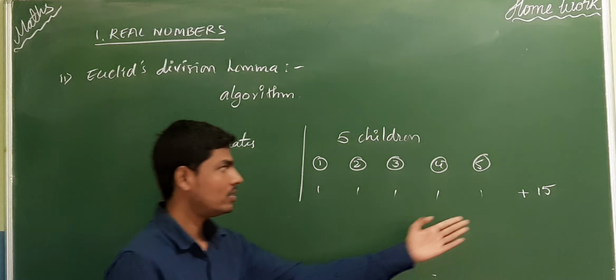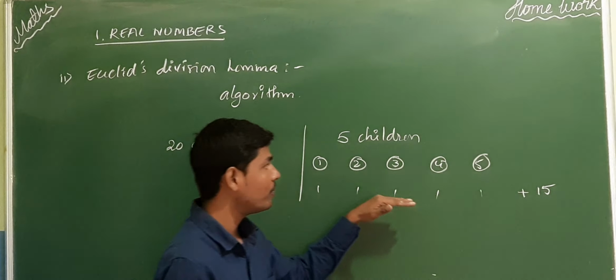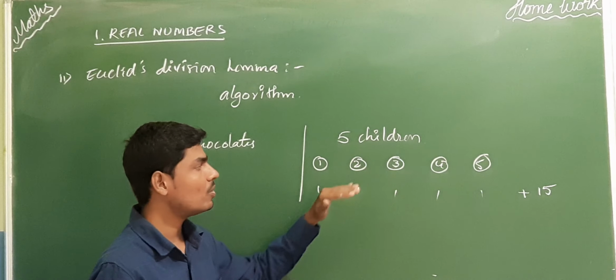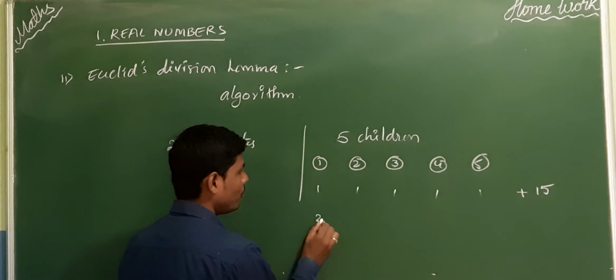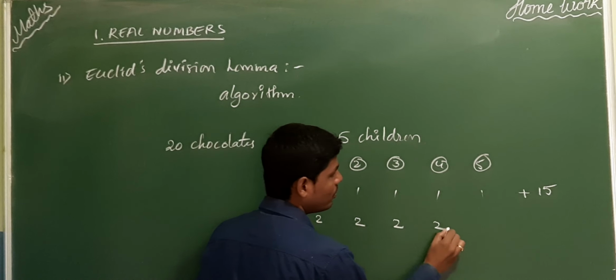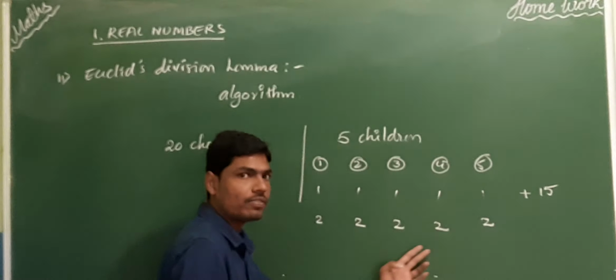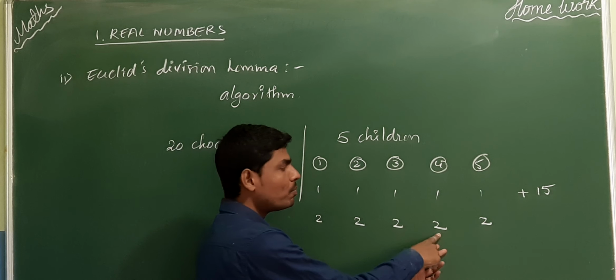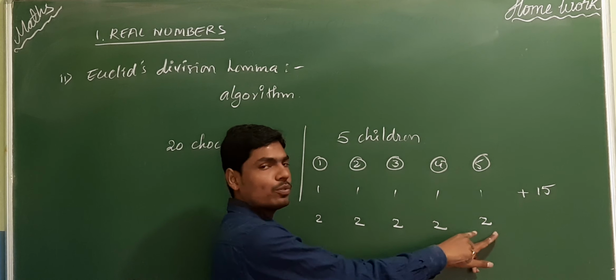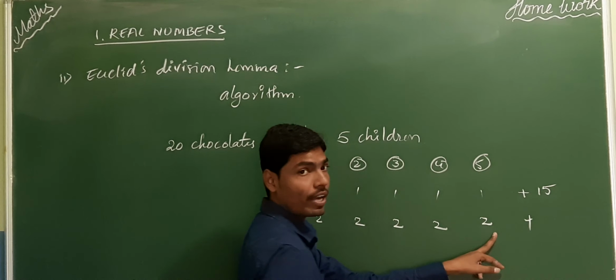Now I should give more to each and every one. So now I am distributing 2 for everyone: 2, 2, 2, 2, 2. That is 5 twos, 10.